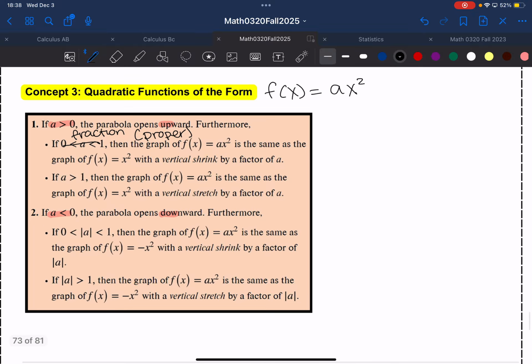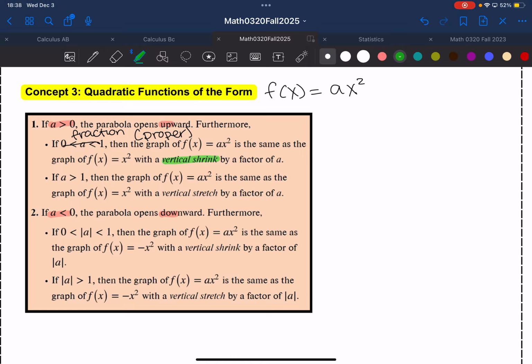So if we have a proper fraction, between 0 and 1, then the graph is going to be exactly the same as the parent function with a vertical shrink.